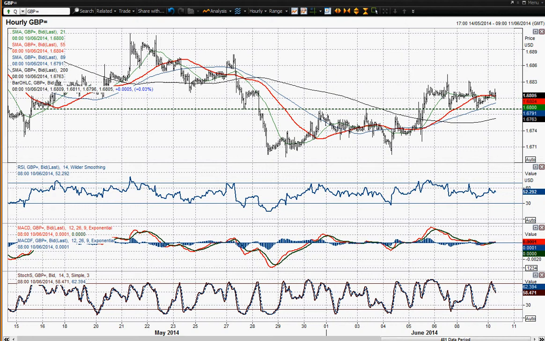That suggests the pressure we saw yesterday on this 67.80 neckline is increasing, and with lower highs in place, and lower highs on the RSI, which suggests loss of momentum, you would expect a convergence at the 67.80 level.